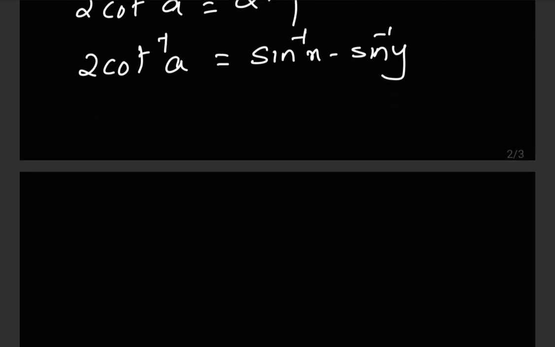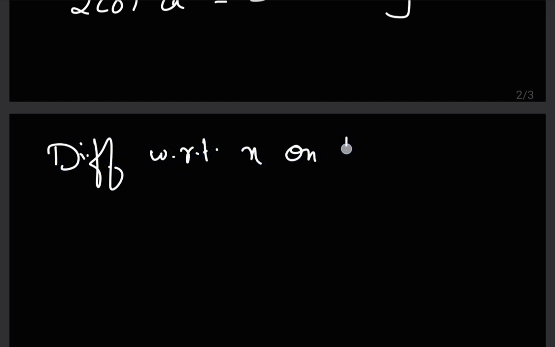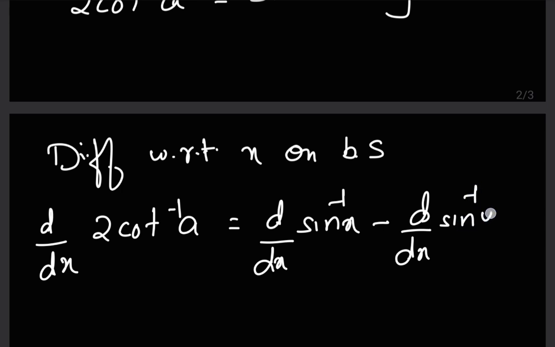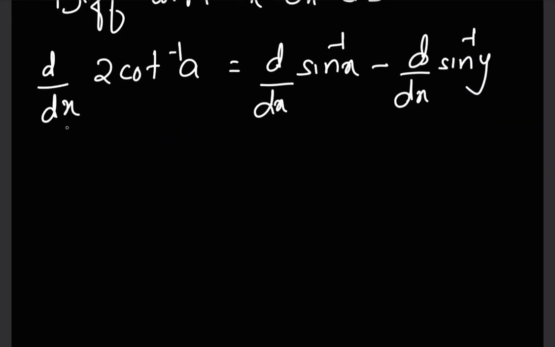Now we have another formula over here. Now we are going to start the differentiation part. So differentiation with respect to x on both sides. So now this turns out to be d by dx of 2 cot inverse a, which is also equal to d by dx of sine inverse x minus d by dx of sine inverse y. Now here, because we are going to differentiate with respect to x and here the variable is a, this is a constant, and differentiation of a constant is 0.